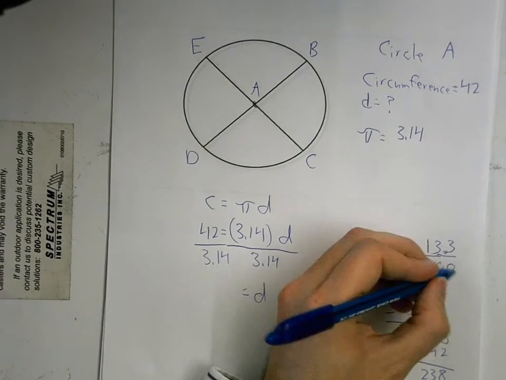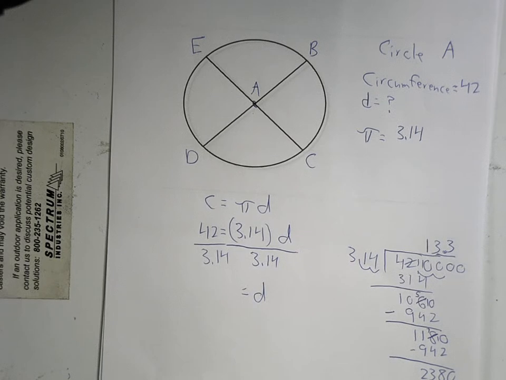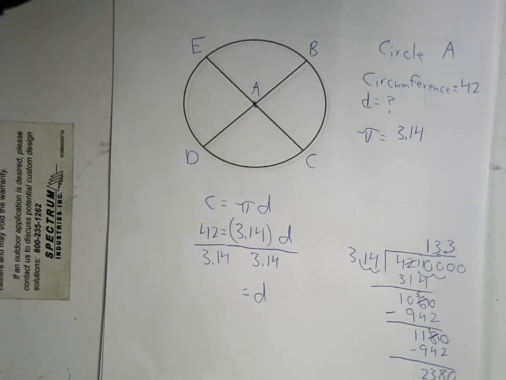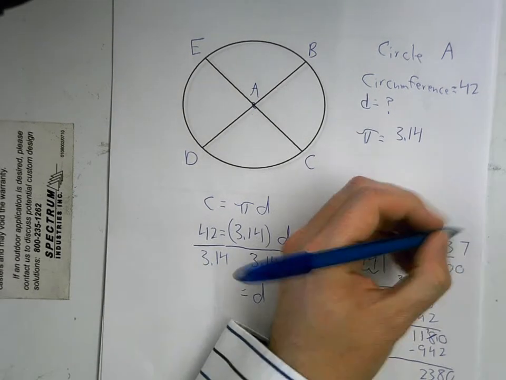And I'm going to bring another 0 down. I think that, let's see, 3, 1, 4. I'm going to try that 6 times now. Maybe 7 times. Yeah, I'm going to do it 7 times. Boom. And that's it.